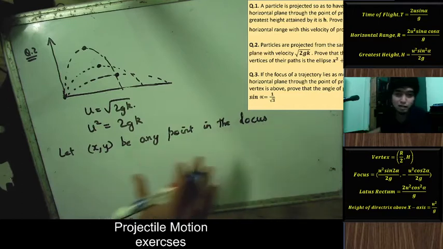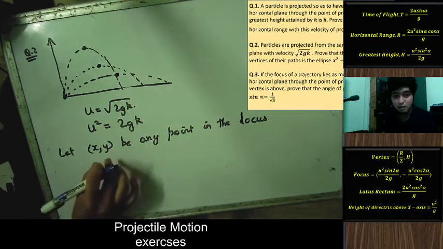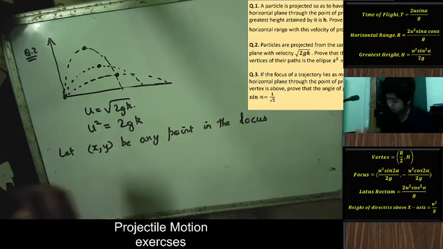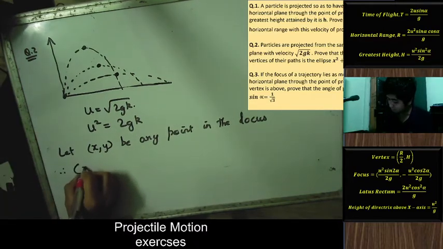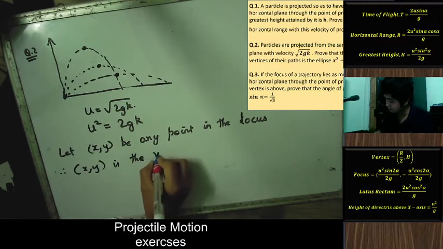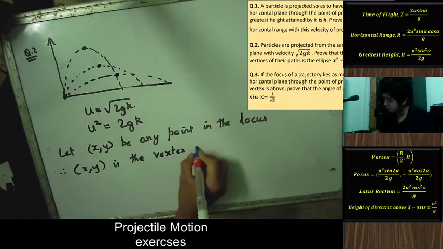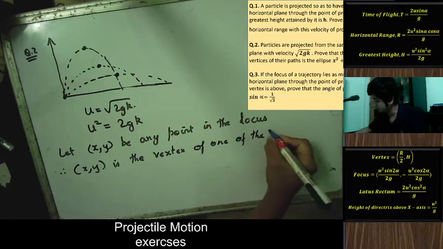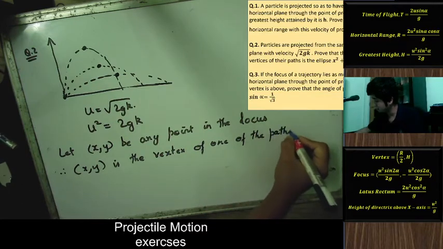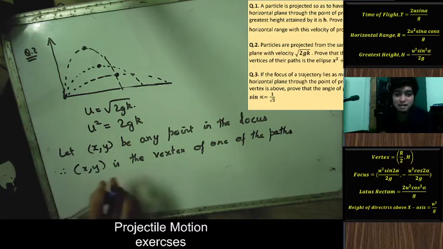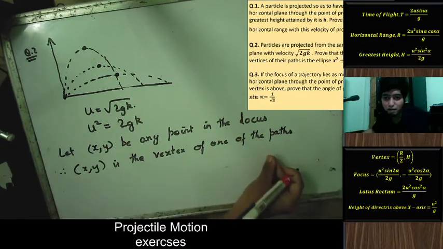If it is any point in the locus, firstly it will be a vertex. It will be a vertex of one of the paths. Therefore xy is the vertex of one of the paths. Because we have so many paths, that's why over here I'm mentioning xy is the vertex of one of the paths.